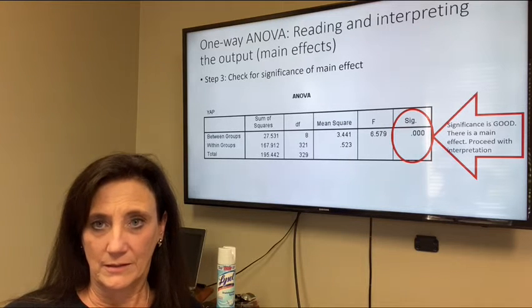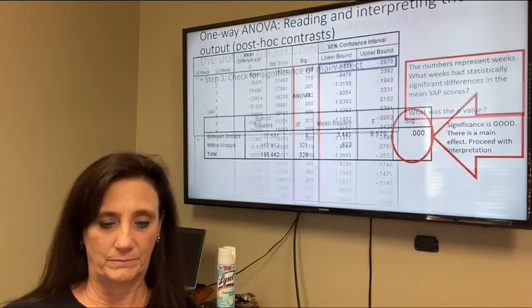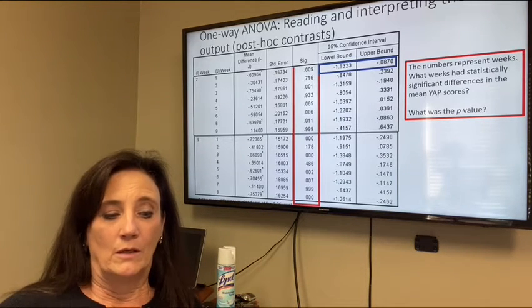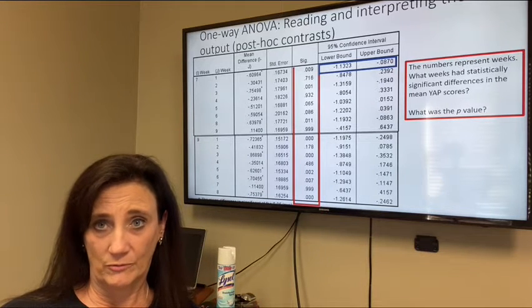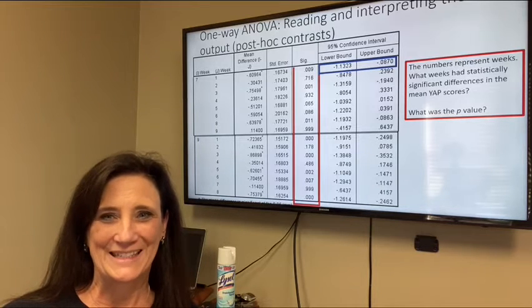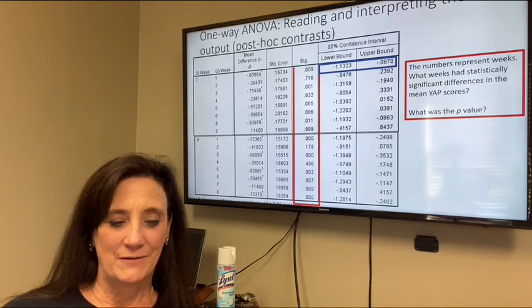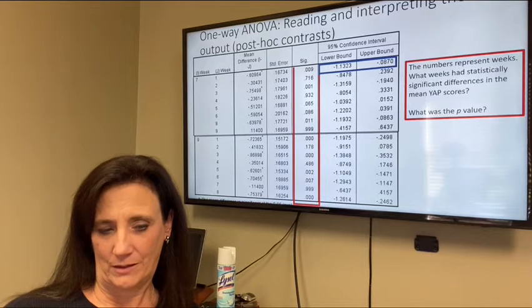Okay, main effect is significant. That's good. Let's see where the differences were. Well, as it turns out, the mean for the group for week 7 was significantly different from 1, 2, 3.